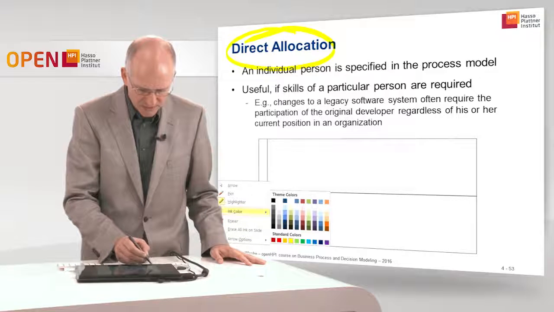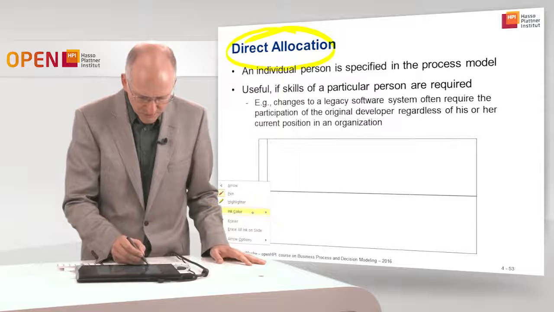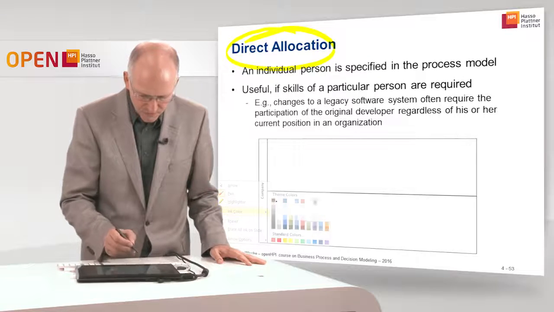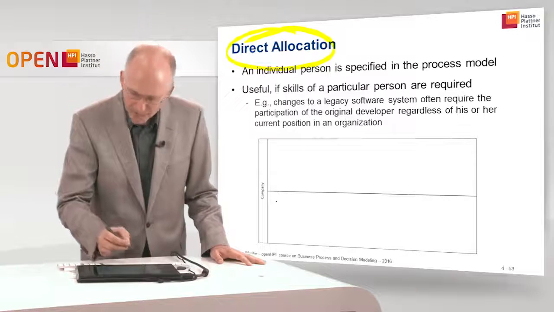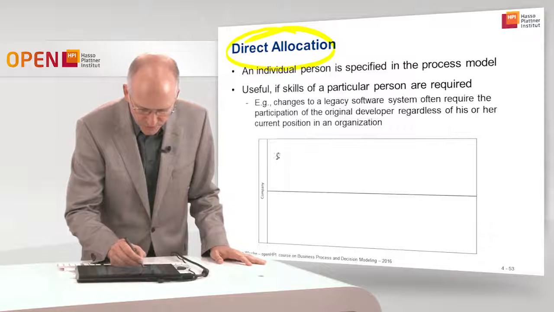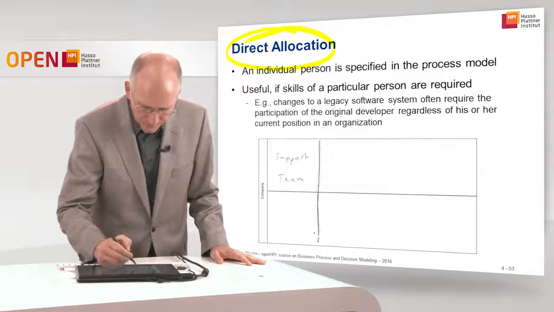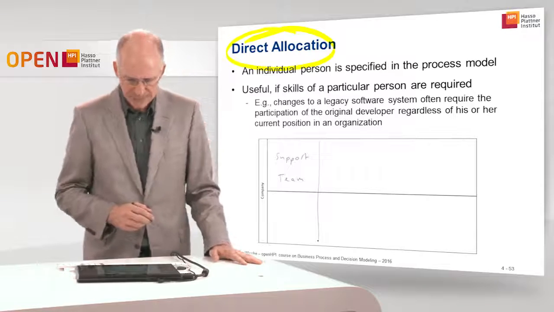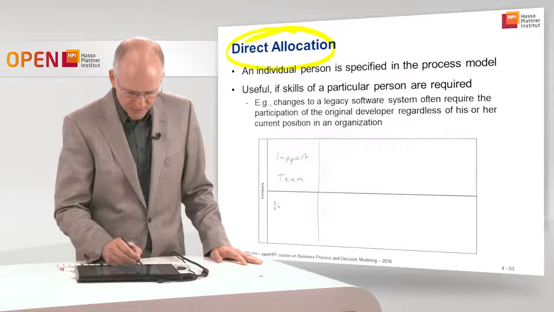So we can use the pen again, and maybe we can use the black version of the pen again. I might have a company here that has a support team. I hope you can read it, support team. So one lane is specified by support team, and the other is by the name of the developer, that is whatever, Peter Jones.